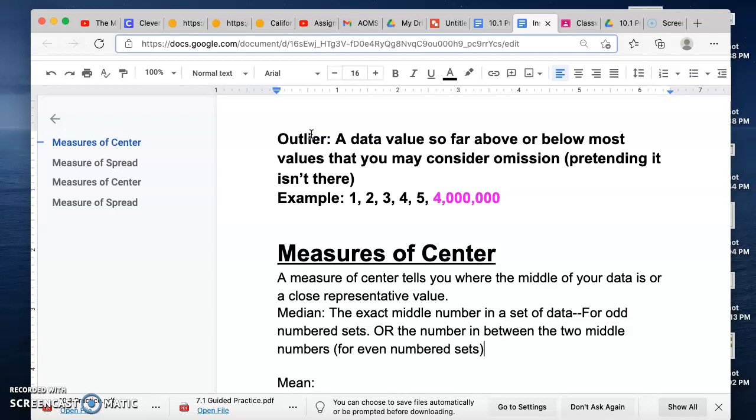Now I'm going to explain this whole even numbered sets versus odd numbered sets thing with two examples. Example 1: if I have data points 1, 2, 3, 4, and 5. Well, what's the middle number in 1, 2, 3, 4, and 5? It's 3, because there are two numbers below it and two numbers above it.